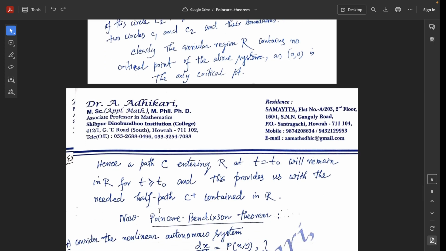And this provides us with the needed half path C plus contained in R. So the portion C plus of this trajectory is always in R after this.